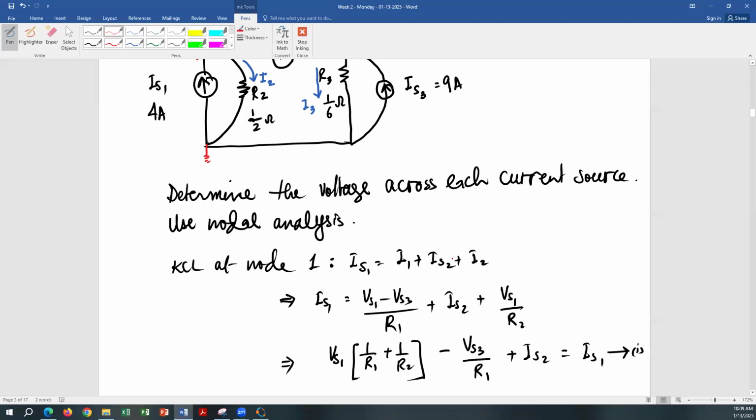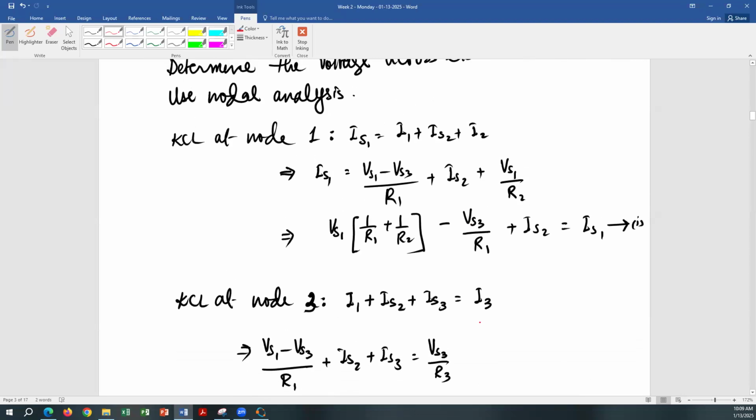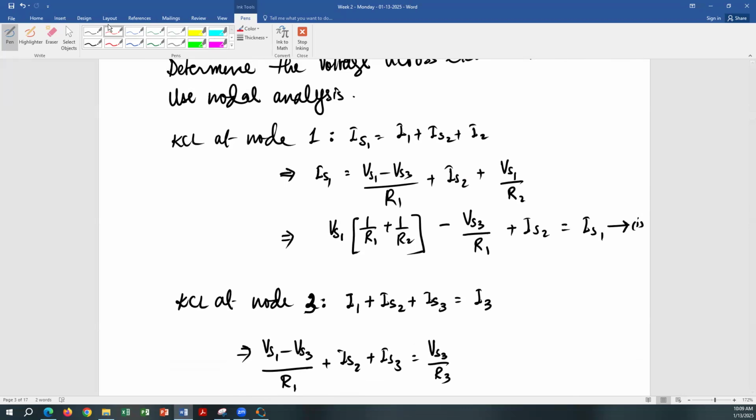KCL at node 1, remember we have Is2 here, and KCL at node 3, we have Is2 here, right? So in fact, we can write this equation in terms of Is2. Is2 is equal to Is1 minus I1 minus I2.